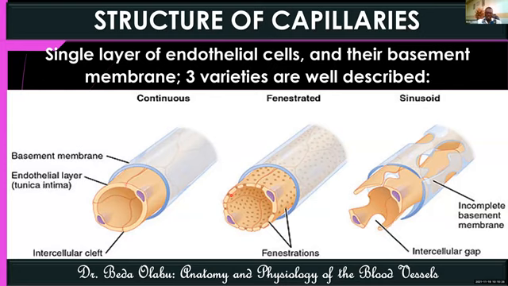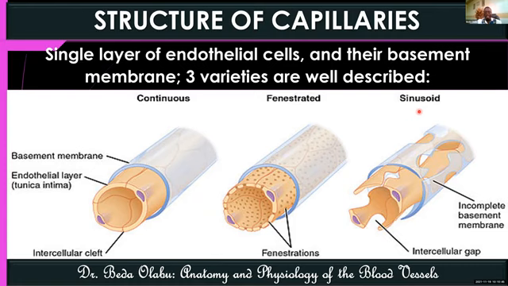Even that one, that's a layer of endothelial cells, and that's the basement membrane. Based on the organization of the endothelium and its basement membrane, there are three histological types of capillaries: continuous capillaries, fenestrated capillaries, and sinusoidal capillaries.